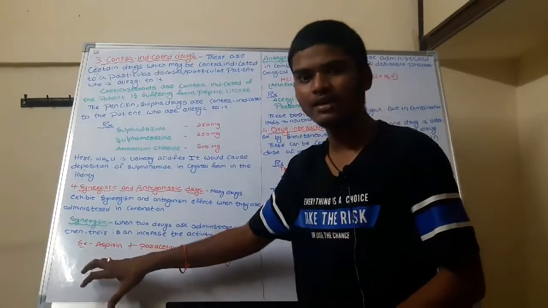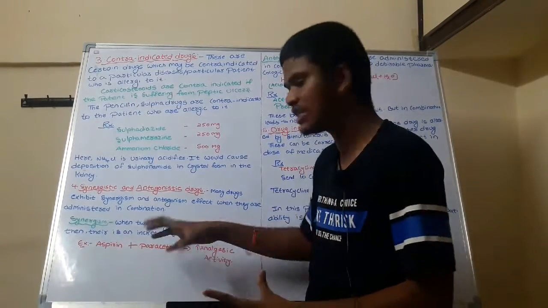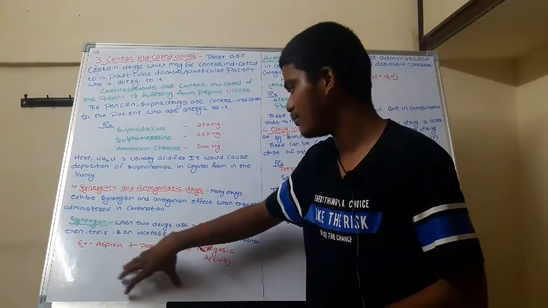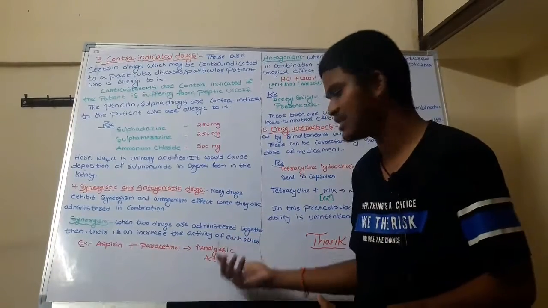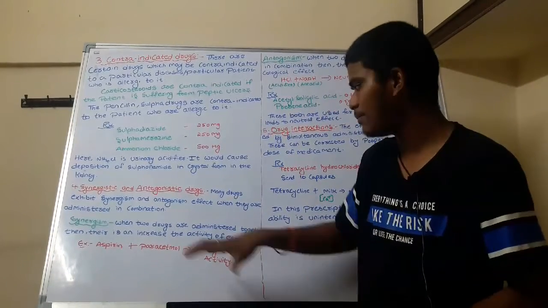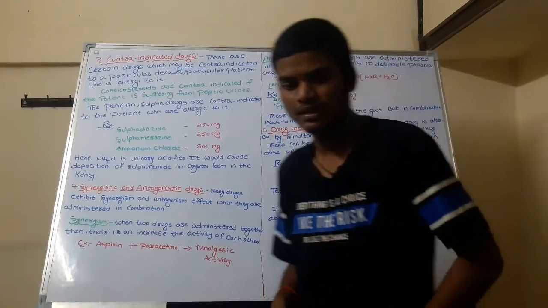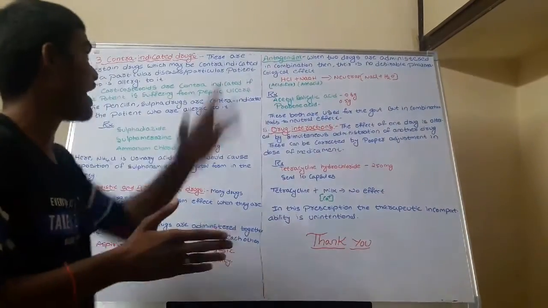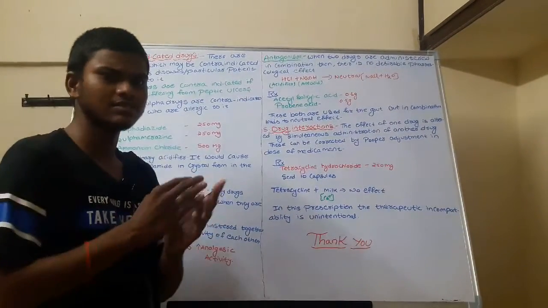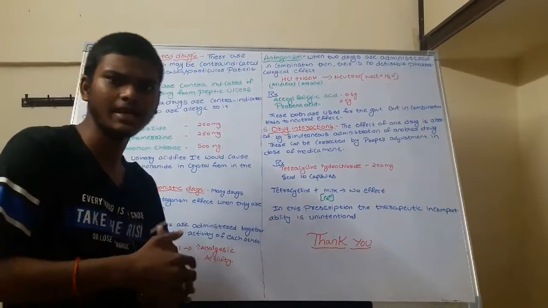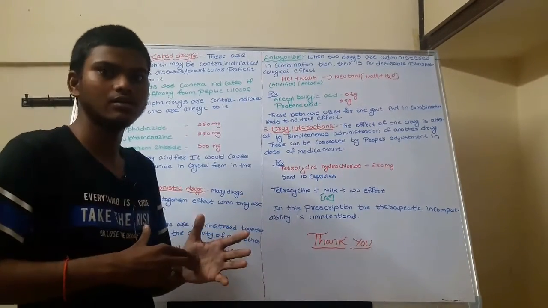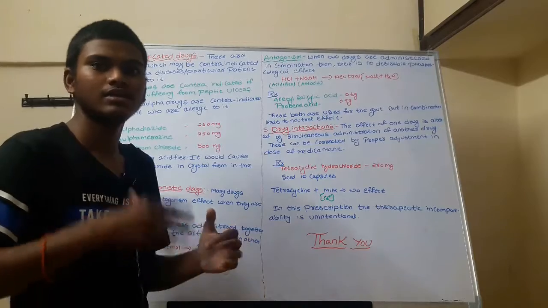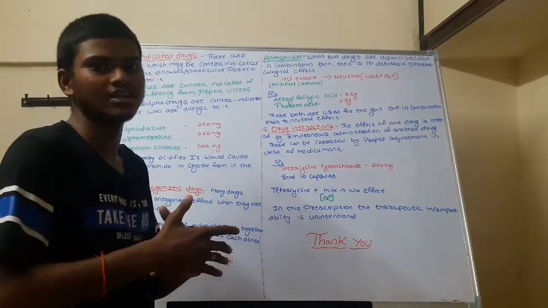Example, aspirin and paracetamol administered at a time. Then there will be an increase in the analgesic activity. It is a pain reliever. Next, the definition of antagonism. Antagonism is when two drugs which are antagonistic in nature are administered at a time, then there is no therapeutic effect or pharmacological action.